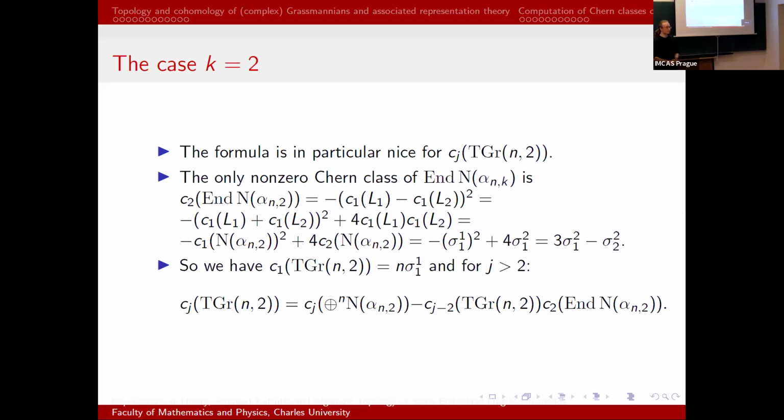Can I ask a question? Maybe I missed part of the notation, but can you comment on what portion of all possible homogeneous vector bundles on Grassmannians these cohomology bundles cover?